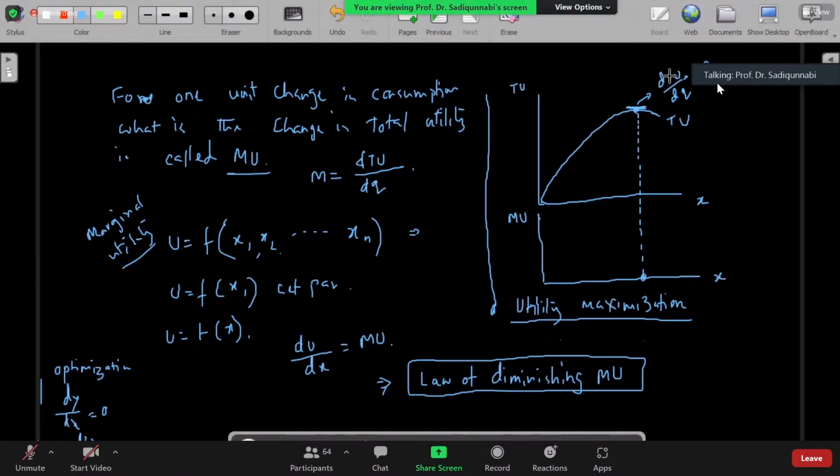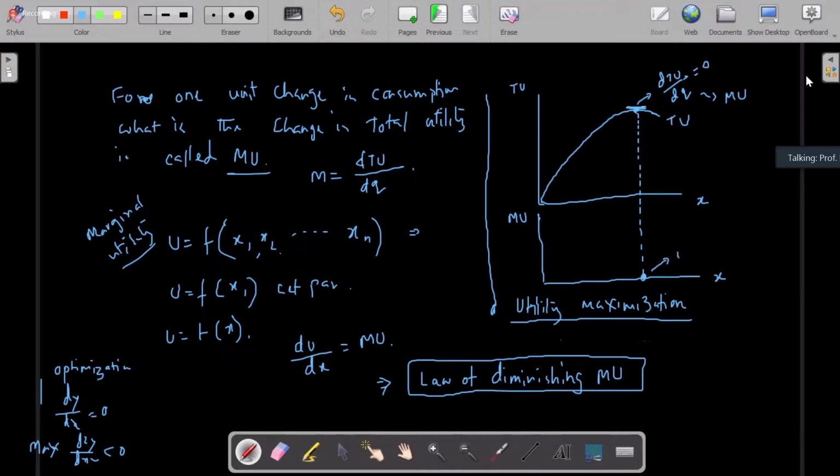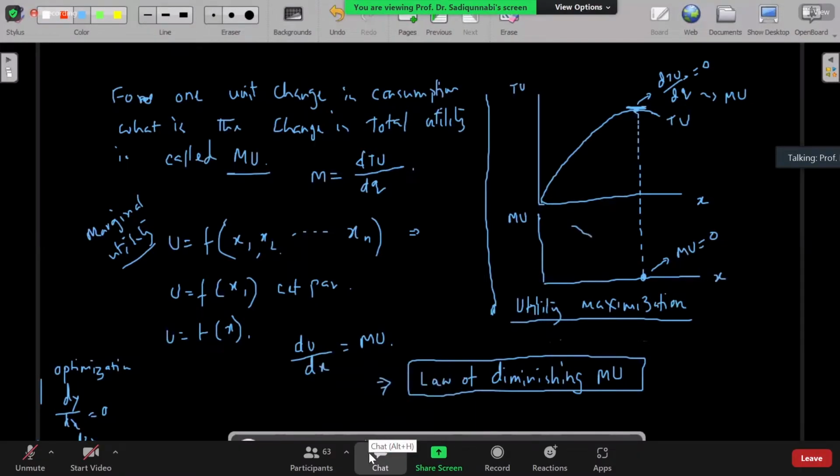And do you know that dTU/dQ is marginal utility? So at this point marginal utility is 0. You see this? Now it is very easy to draw a marginal utility curve. Because we know that it is downward sloping, we can draw the marginal utility curve like this, simply, without going into any detail.